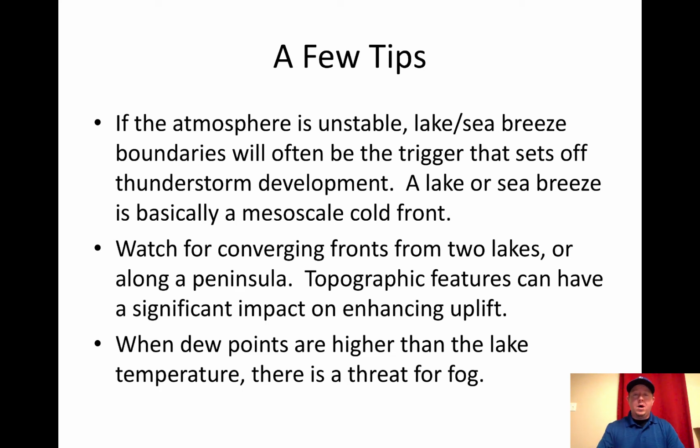There's plenty of events up in the Great Lakes where lake breeze interaction with thunderstorms has either helped the initiation occur, or you have a thunderstorm or a supercell, and it locks onto one of those boundaries and really goes crazy. All right, so again, it's basically a mesoscale cold front.